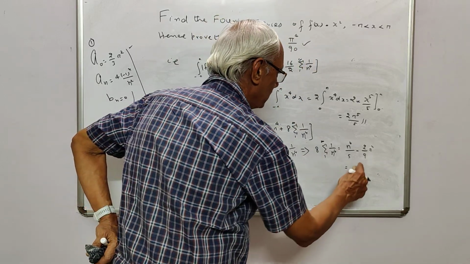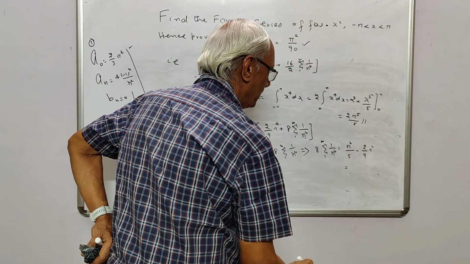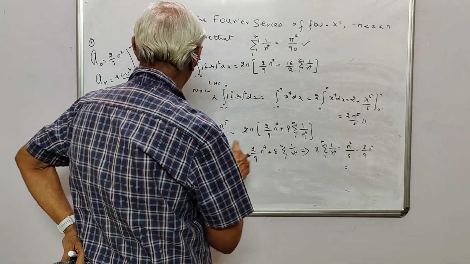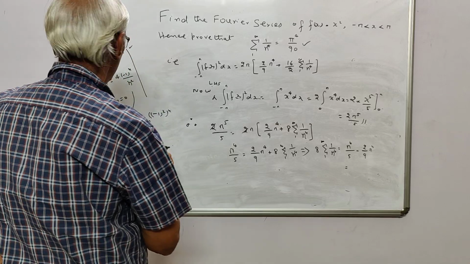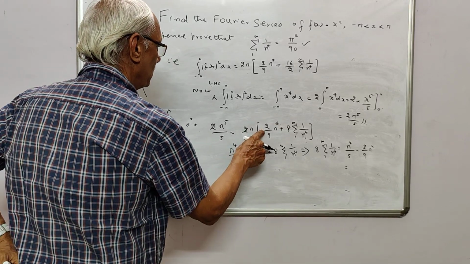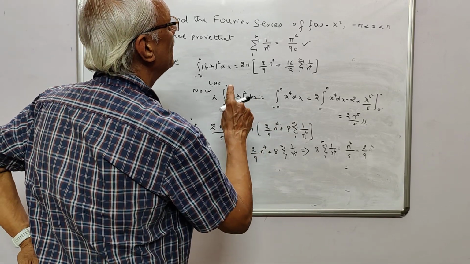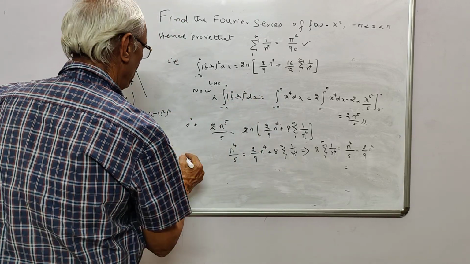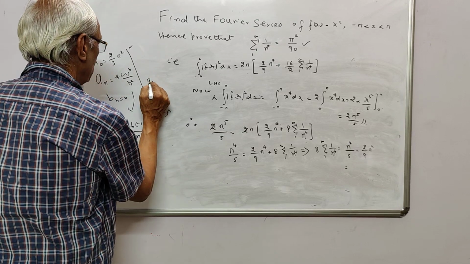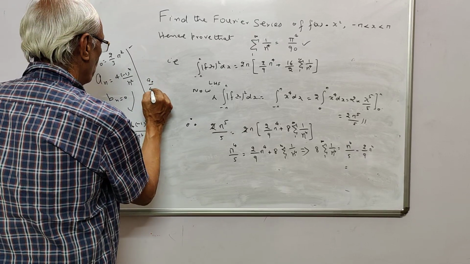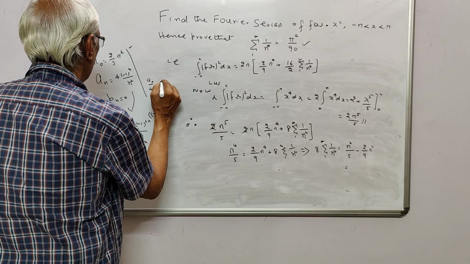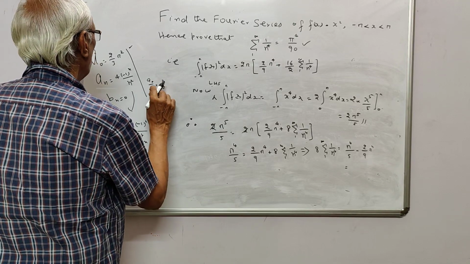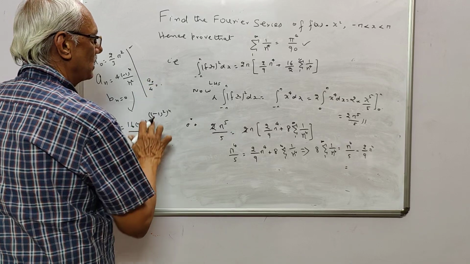So how much will we get here? 9π⁴. So how much will you get here now? This one you will get that to be a naught by 4. A naught by 4 will be equal to, see here I made a mistake.